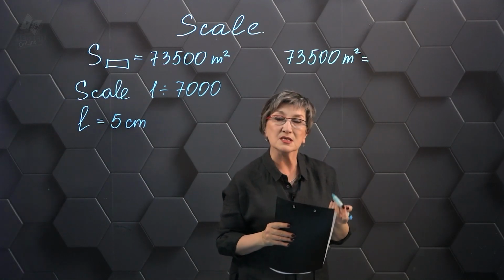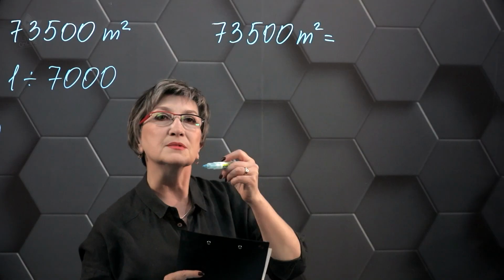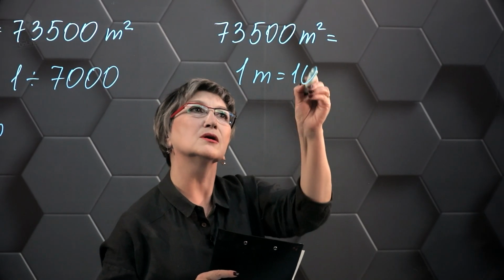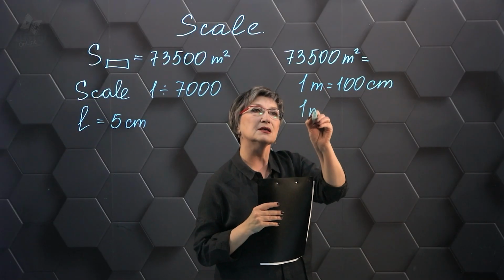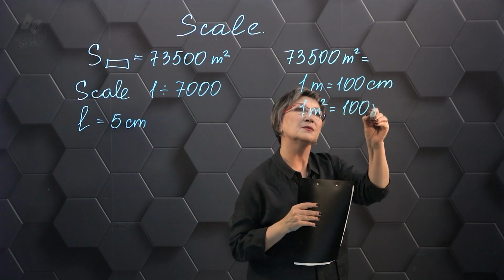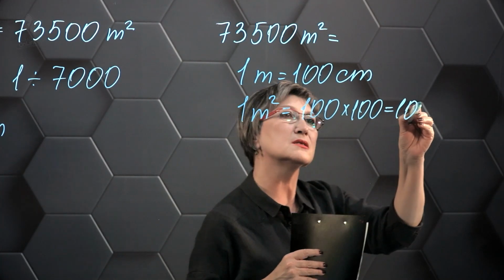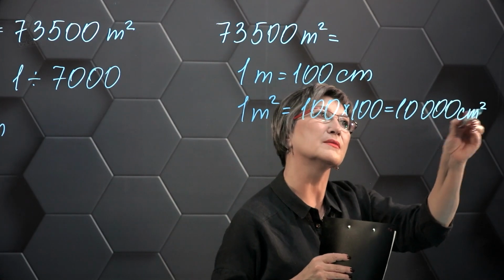In order to convert square meters into square centimeters, let's first remember that 1 meter is 100 centimeters. And 1 square meter is 100 centimeters times 100 centimeters. That's 10,000 square centimeters.